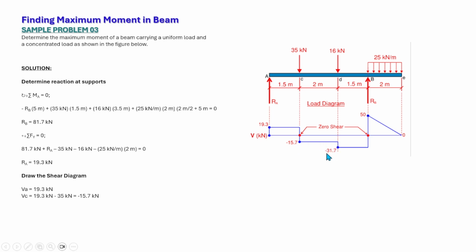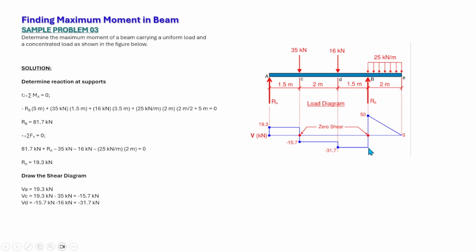That's why we have negative 31.7. So that is the shear at D, negative 15.7 kilonewton minus 16 kilonewton, equal to negative 31.7. From D to B, there is no load, so our shear between these points is constant.